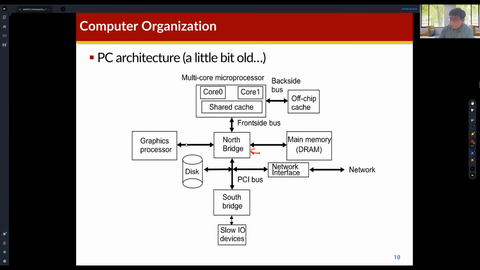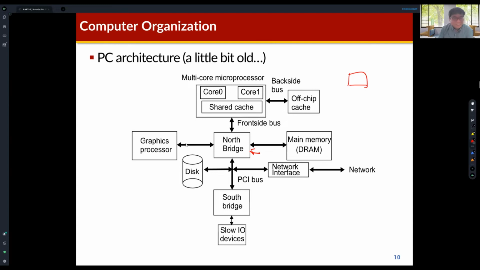A few decades ago, about 30 to 40 years ago, semiconductor technology was not as good as the current technology level. That means the CPU chip included only a very small number of transistors. So the north bridge was not included in the CPU chip.